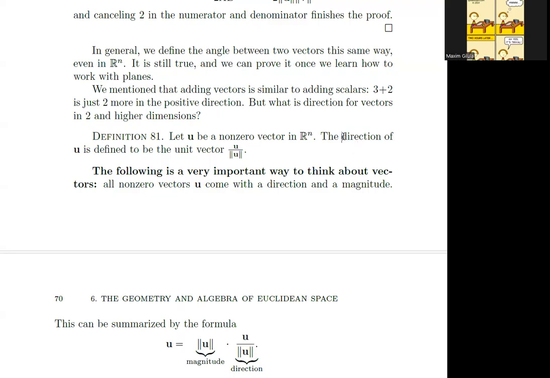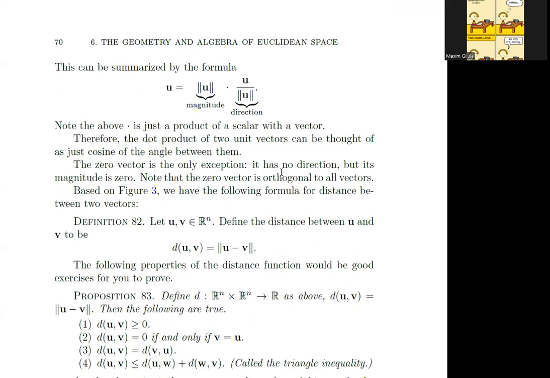Let's define the direction of u to be this unit vector of u. Then u is magnitude times, this is a times, not a dot product, times direction. So every vector comes with a magnitude and a direction in this really nice way. So you could dot two unit vectors, and you could think of dotting two unit vectors as just cosine.